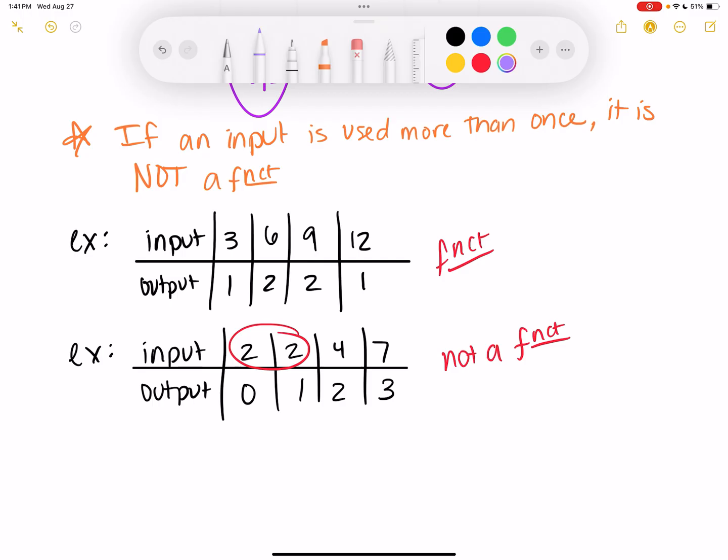So another word, you may have heard it in science. If you haven't heard it in science yet, you will. But we have an independent and a dependent variable. So our independent variable, it's very similar in math as it is in science, but the independent variable is our input value, also known as what is being changed.